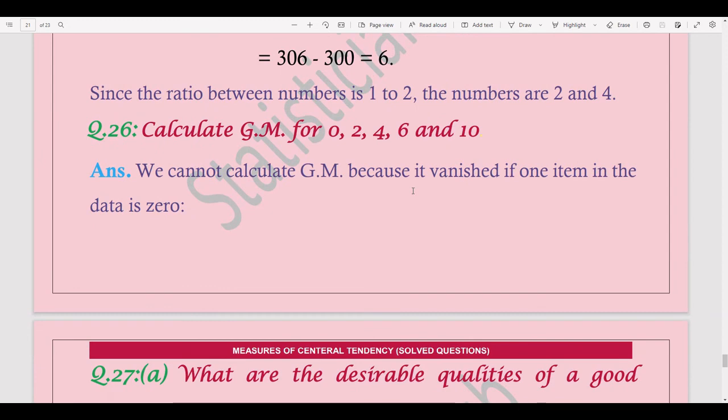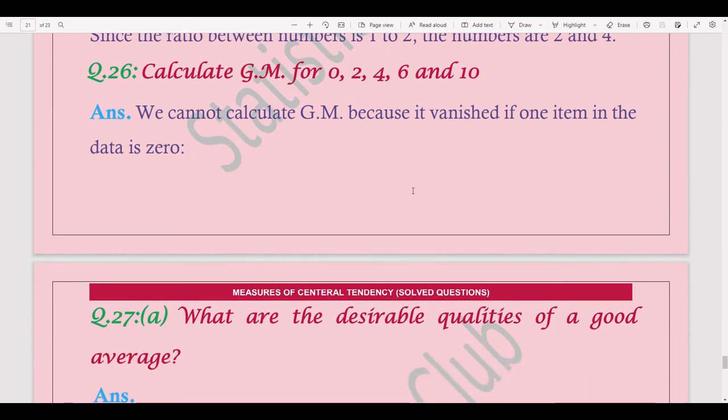Calculate the geometric mean for 0, 2, 4, 6, 10. We cannot calculate the geometric mean because if one observation is 0, it vanishes. By definition, the geometric mean is the nth root of the product of the numbers.